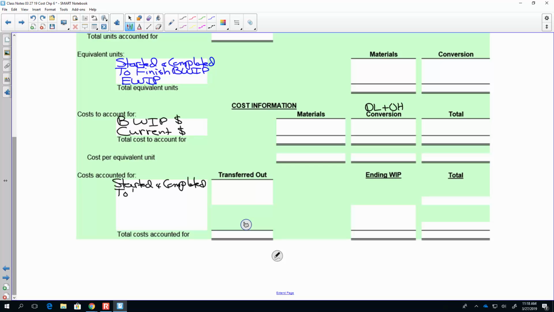To finish beginning with. Beginning with cost from the prior period. Ending with both direct materials and ending with conversion. So I need 1, 2, 3, 4, 5 lines available on that last step 4 section.